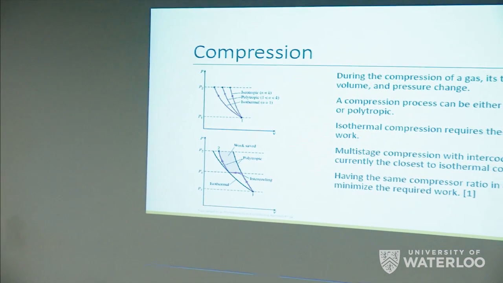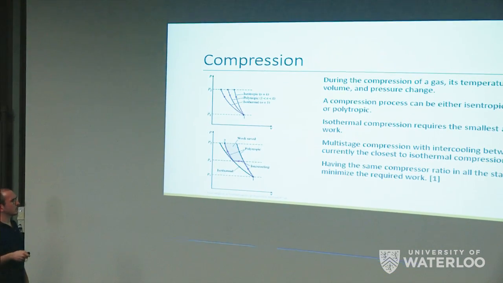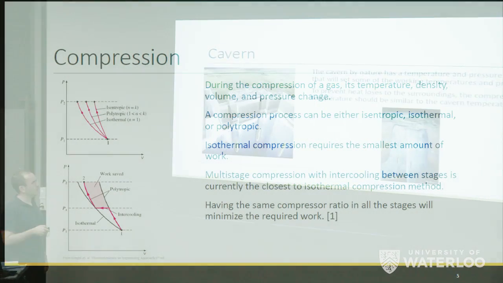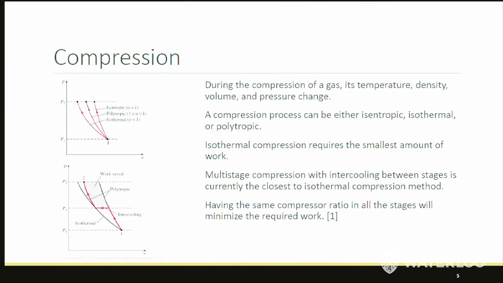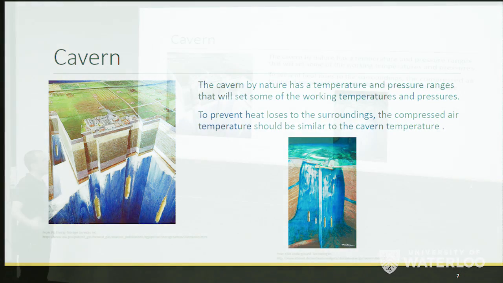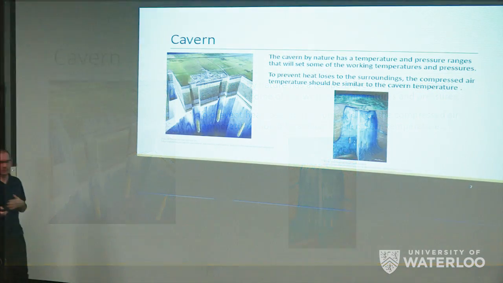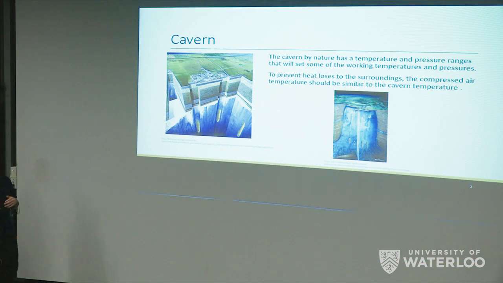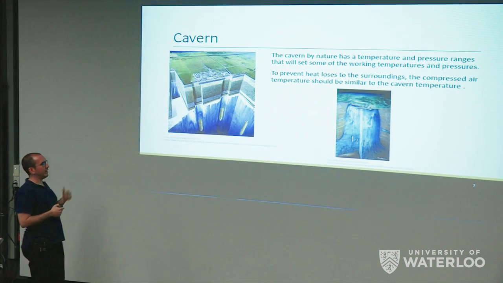In the case of the cavern here, when you are expanding the air in the turbines, the air inside the cavern will lose some mass, and the air will tend to occupy all the volume of the cavern. So there's going to be an expansion. This expansion will reduce the temperature of the air inside the cavern.